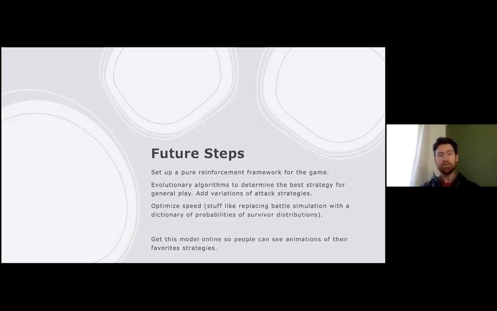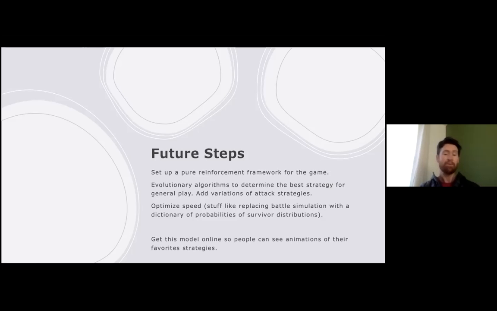I also want to create more strategies and then come up with some evolutionary algorithms with more research to actually see those play out. And then I need to optimize the speed for large games.